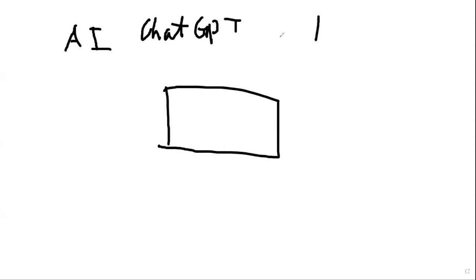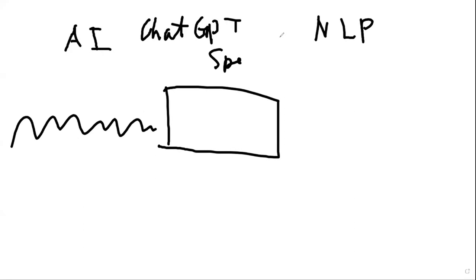Anyway, AI. What is AI? We say ChatGPT. Okay, AI is natural language processing. So we do have a signal coming in, speech recognition, right? And then it becomes "I am a student."